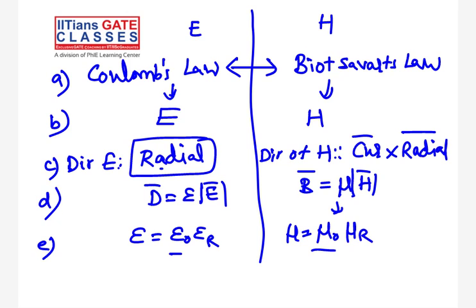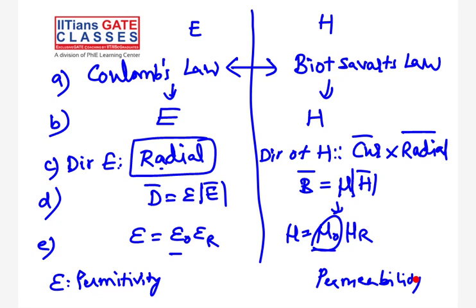In the electrostatics part, I gave the definition for permittivity, right? The meaning of permittivity was the ability of the medium to allow the electric field, which I already told you. Similarly, what does permeability represent? Permeability is the measure of the capability of the medium to withstand magnetic fields.